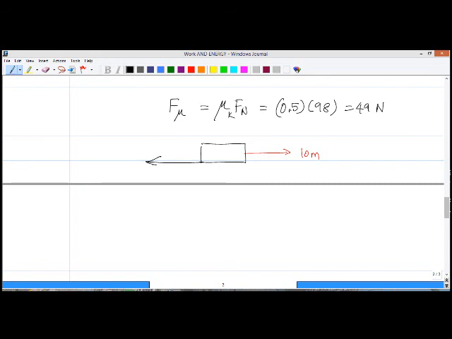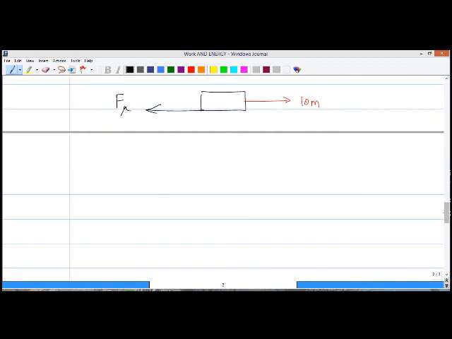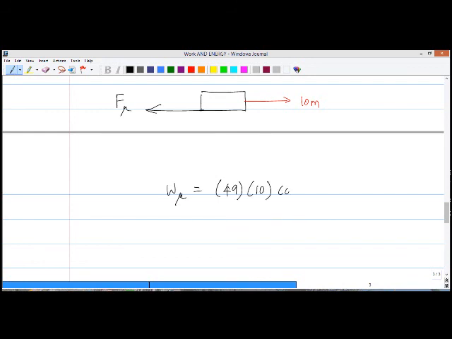The force of friction is to the left, and we see from this picture that the angle between the two is 180 degrees. So now I have 49 multiplied by 10 multiplied by cosine of 180, and this gives me negative 490 joules.